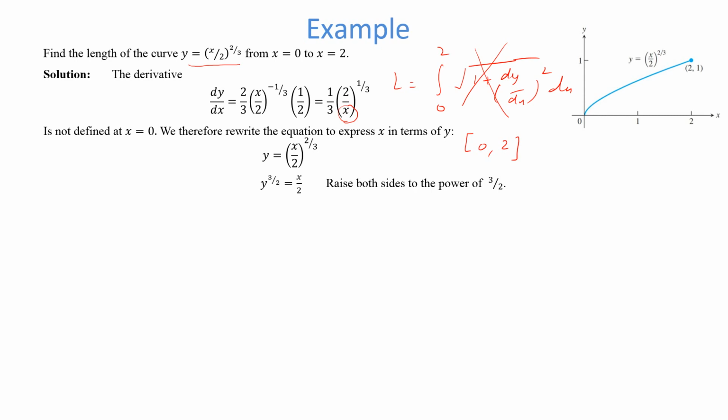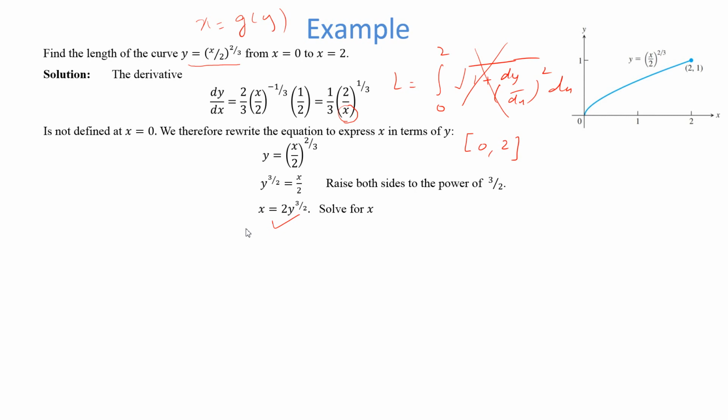So for this we have to convert it into the form x is equal to g(y). So for this, y is equal to (x over 2) to the power 2 by 3. So we raise both sides to the power 3 by 2. So we have this result, and this leads us to this relation x is equal to 2y to the power 3 by 2.